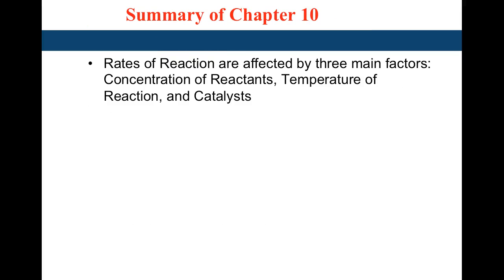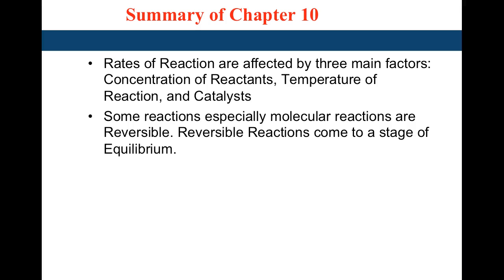So to summarize chapter 10, we talked about temperature, concentration, and catalyst affecting rates of reactions. Those are the three main factors that can affect rates of reaction. And then we talked about equilibrium reactions, which are reversible reactions, where the rate forward and the rate reverse equalize.